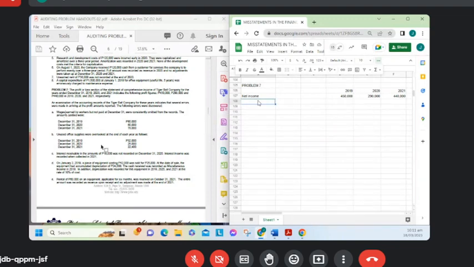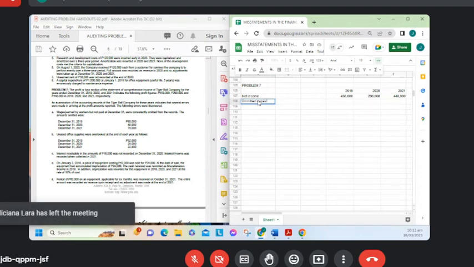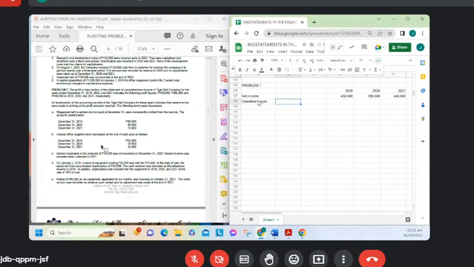So omitted wages. So in 2019, pag nagkaroon ng omission, so omission of December 31, 2019 wages amounting to 80,000 pesos. Then that will result to understated expenses resulting to overstated net income.